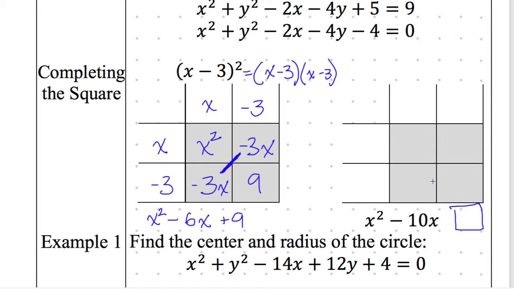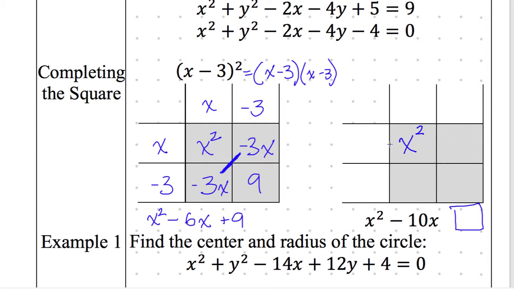All right, I need a quiet raised hand. This is going to be hard, but we're going to get this. Where should I put the x squared? Where should I put this negative 10x? That negative 10x will be tricky. Let's do the x squared first. Ellery? The x squared should go in the upper left because you're going to have an x on the left hand and on top. All right.